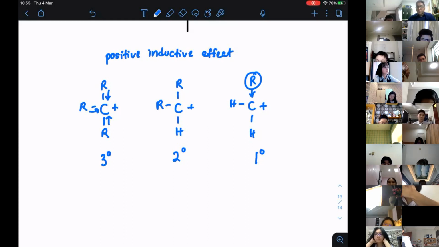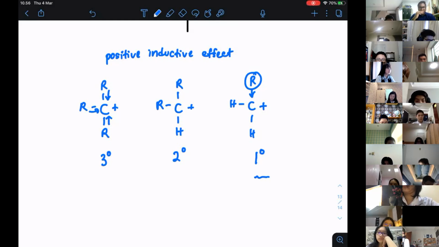But if you share it with 3 people, there is more positive inductive effect because the charge is spread across 3 people, and your sadness is decreased way more. So I told you, if you don't have enough support, then the person might commit suicide or something. I put that in the diagram, and this will be helpful over here.